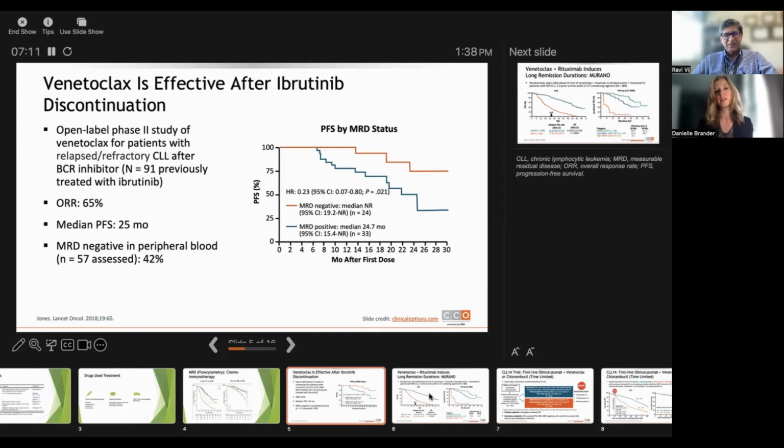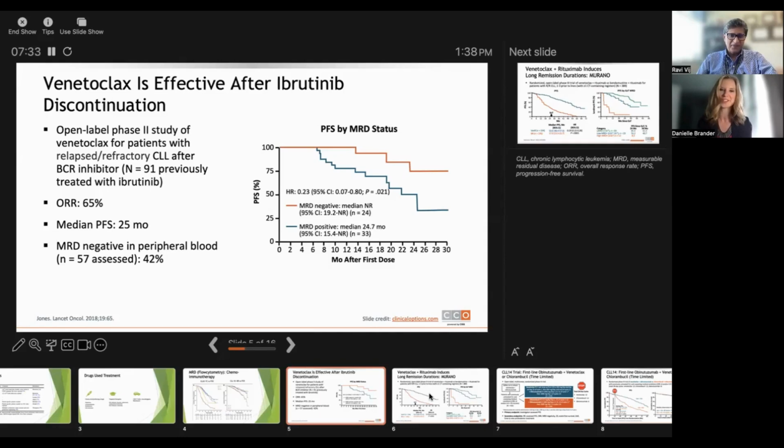But venetoclax, because of the mechanism of action and the depth of response, then the role of MRD for patients being treated with venetoclax, and again, the same concepts with chemo, predicting how long the remission or response may last, has definitely come to light more.